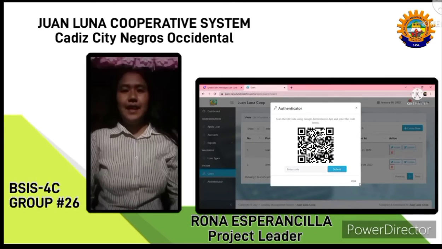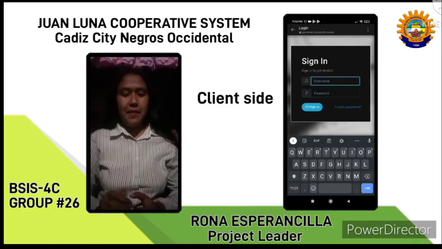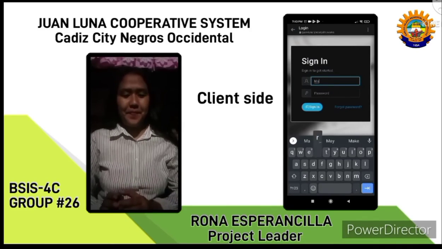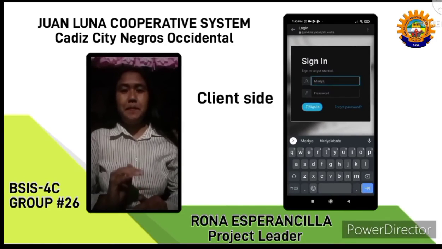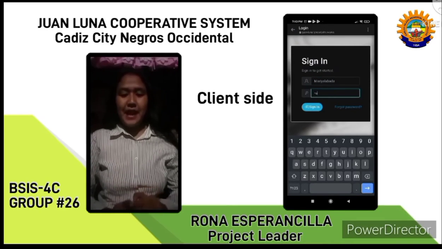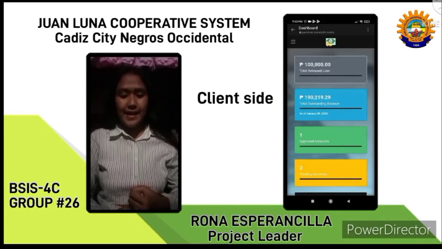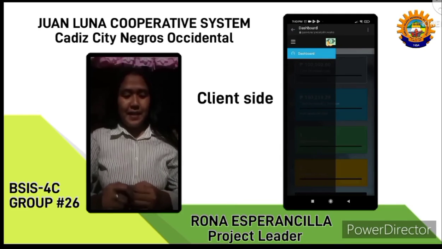On the client side, we will sign in using the name Maria Labada and the password is password. Then you can see the dashboard that includes the total released loans, total outstanding balance, approved accounts, and pending accounts.